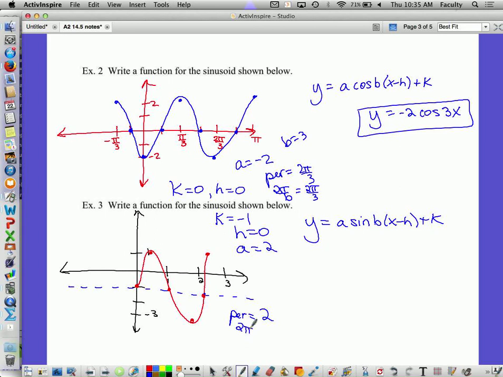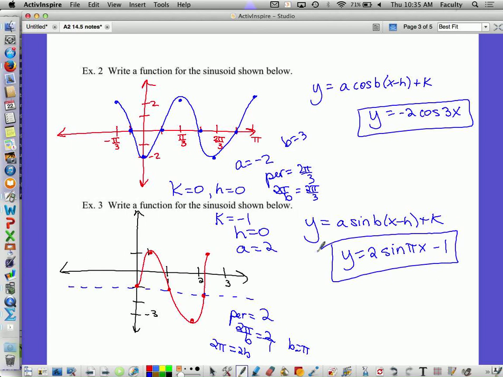So this is 2 pi over b equals 2. I'll make that 2 over 1 and cross multiply. So b is pi. Now I can write my equation. So I get y equals 2 sine pi x minus 1. Don't forget about the k value.